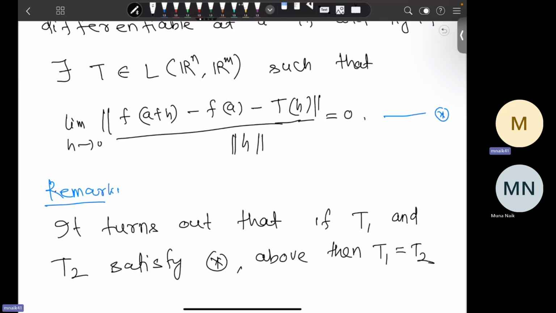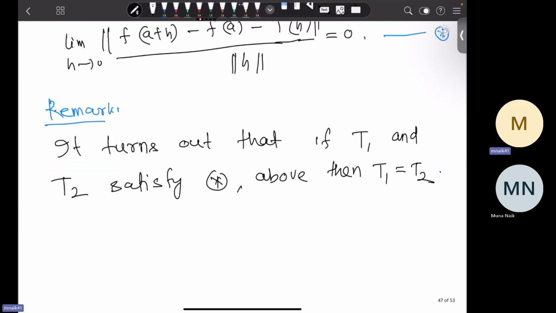So this linear map T1 has to be T2. Therefore, the T in star is unique.